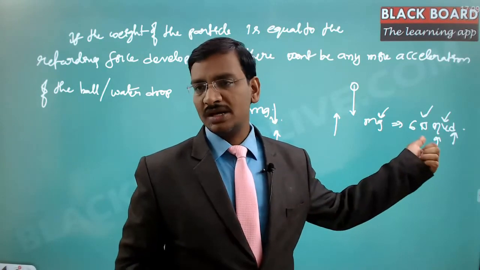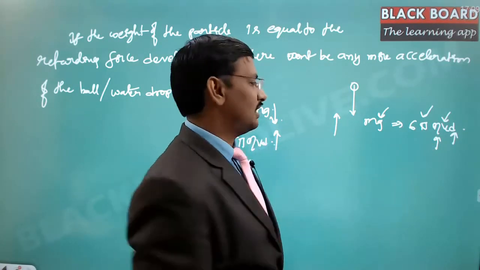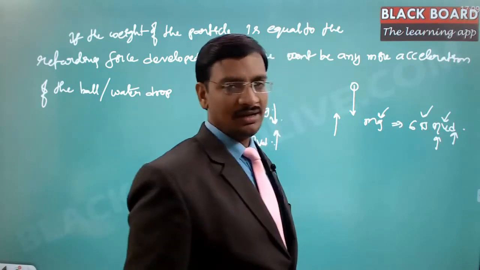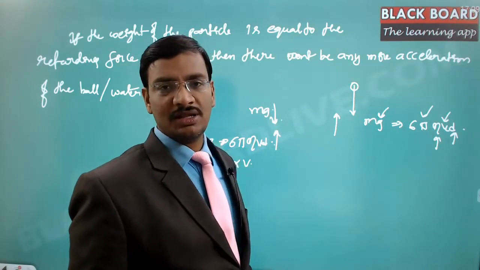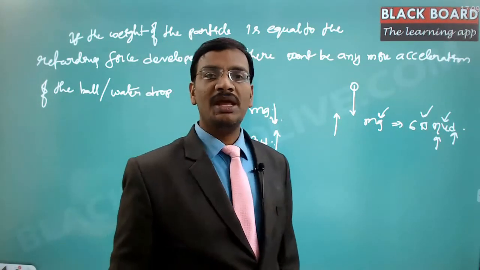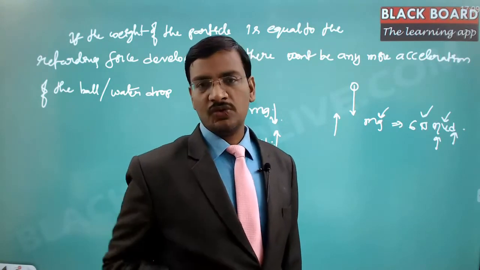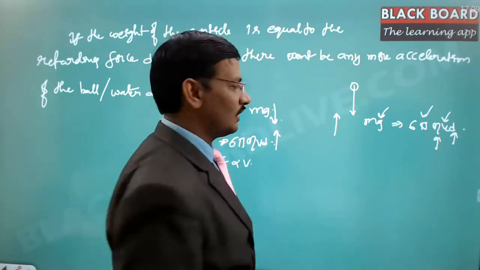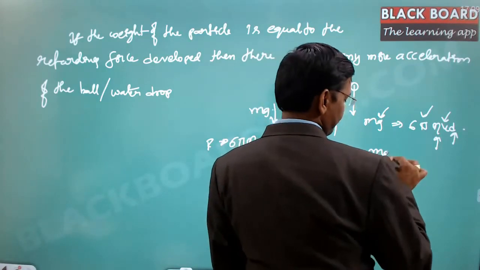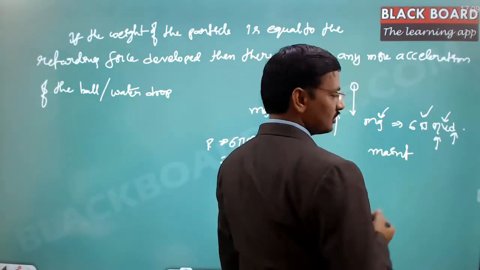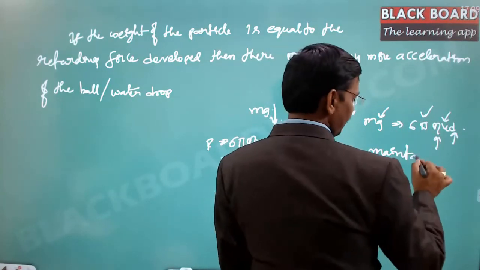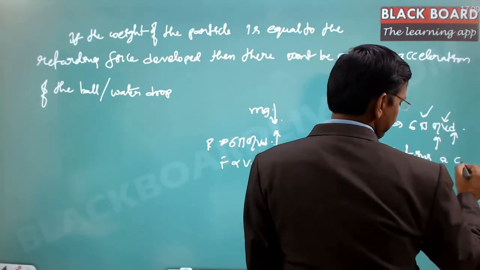So this velocity is maintained constant at that stage as both the forces are equal. Hence there won't be any further acceleration, as there is no force as per Newton's first law. So it will maintain a constant velocity because both forces cancel out.